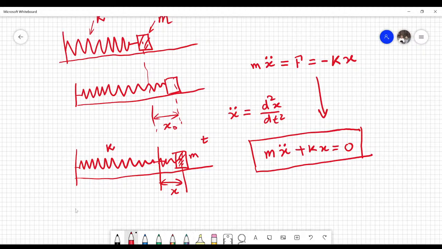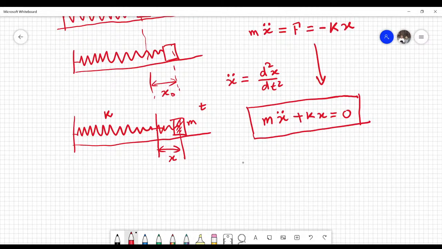If we solve analytically, x at some time t would be equal to some initial position, say x0, cosine of root k by m t plus some initial phase delta.